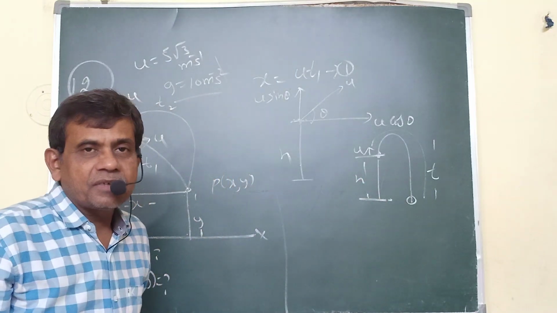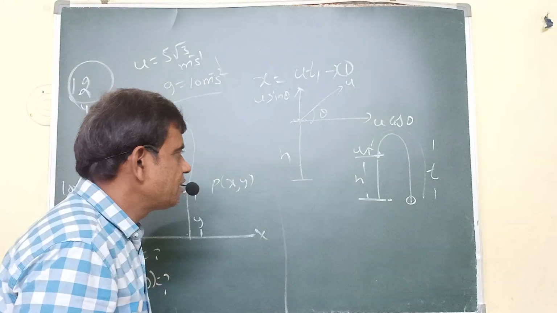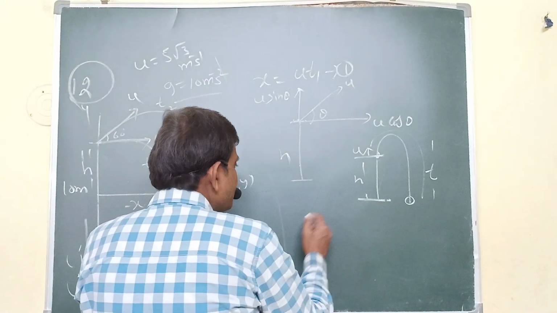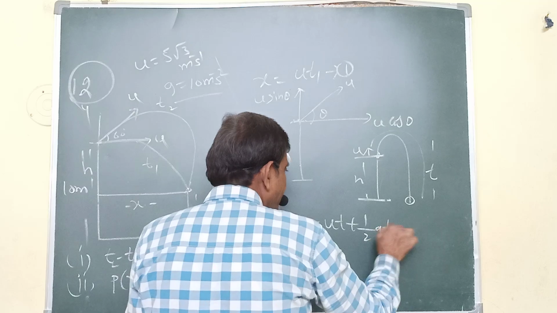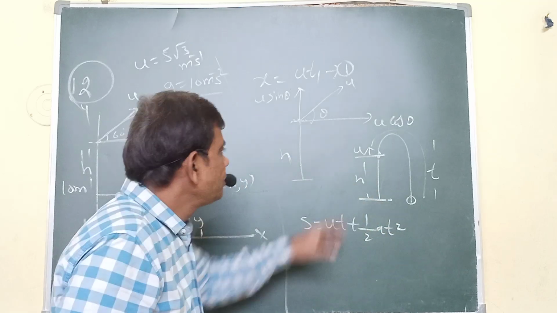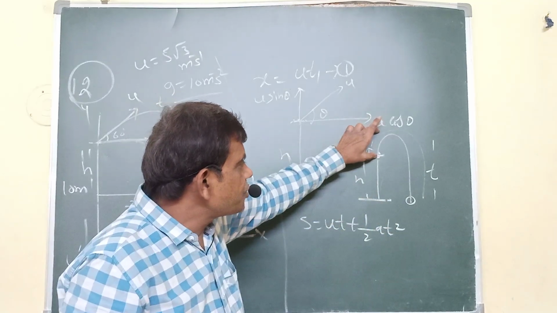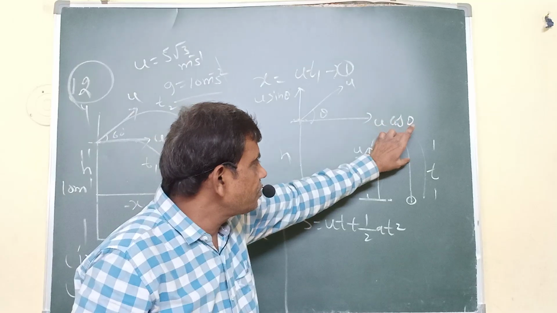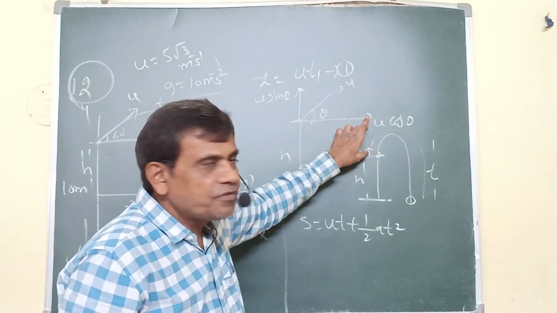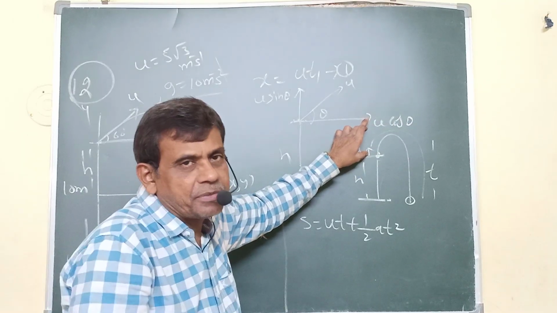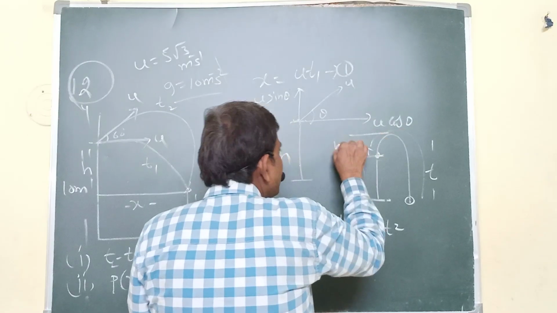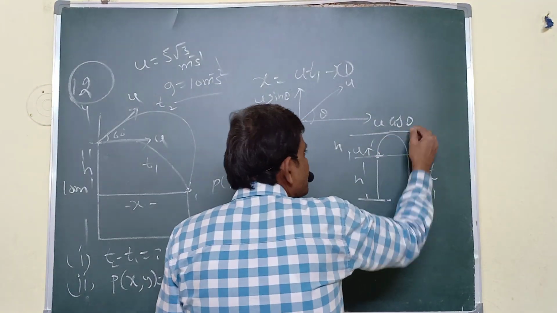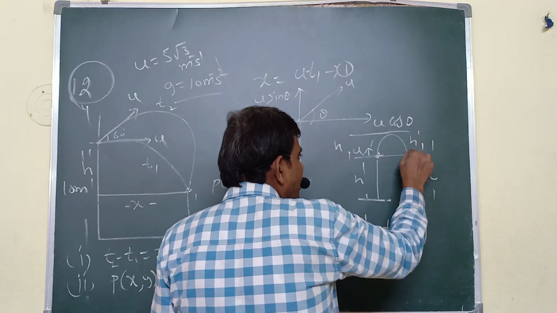In this case, to find this H, we have one formula for a body projected from the top of the tower: s equals ut plus half at square. This is the general formula. Here s means, for example, moving upward h1 distance, coming downward also h1, already this h.